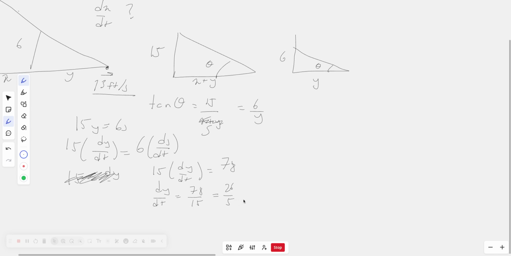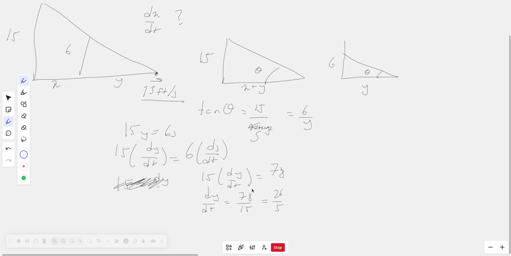So we have dy over dt, but we want to find dx over dt. So notice that in this step over here, we combined x and y, called it s, and then used this rate over here to find dy over dt.